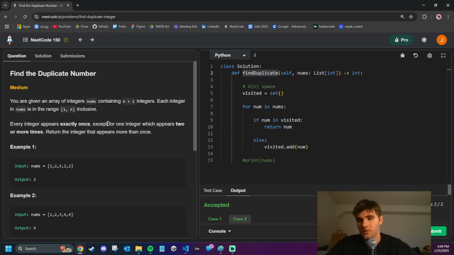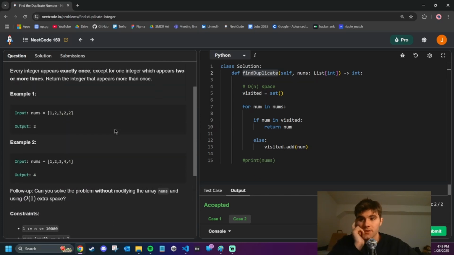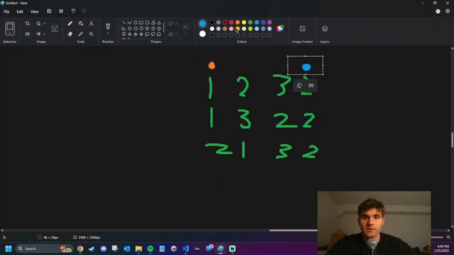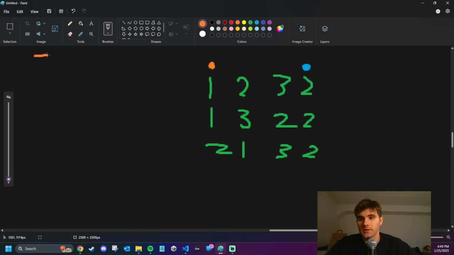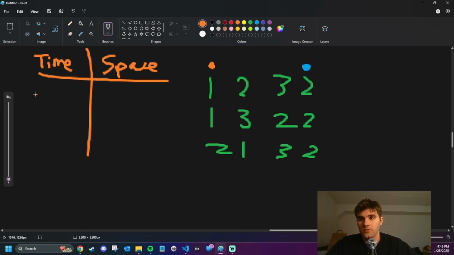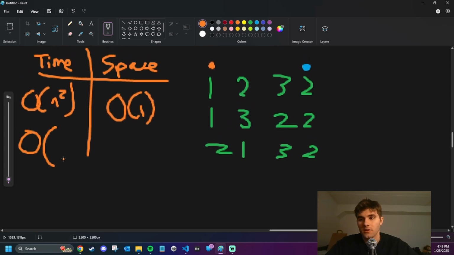Maybe we could use a sum or something. So I could do it in O of 1 space, but it would be n squared, with just 2 pointers. So if we have time and space, I can do n squared time with constant space, and I can do linear time with linear space.